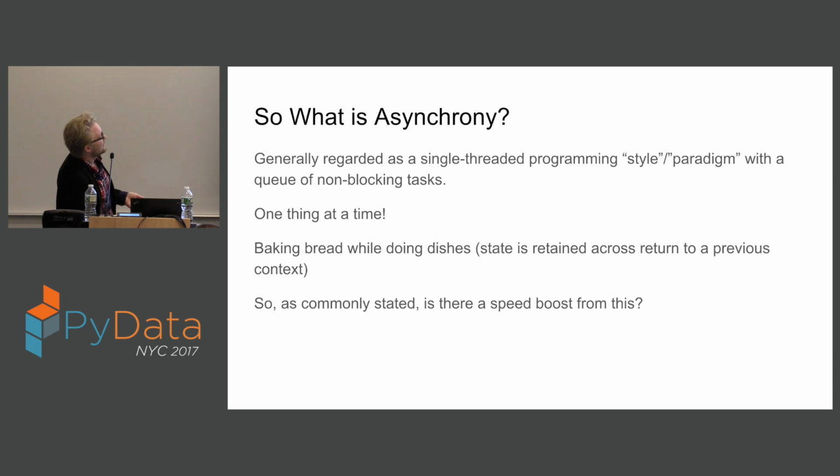So in this case, I can do one or the other, one thing at a time, but my state is retained when I return to my previous context. If I go back to the dishes, they are where I left off. It's not as if I do a task to completion, then do another task to completion, then another. The key here is that these tasks are all stopped before they're completed, and then we go use them again.